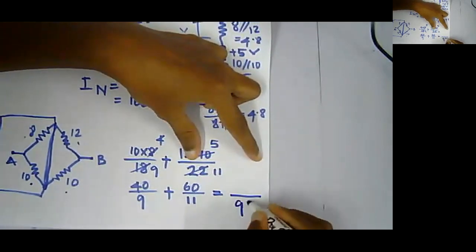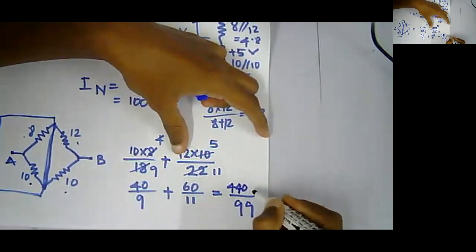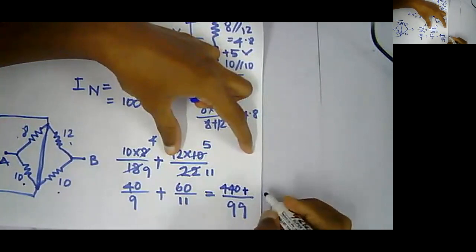In simple words, if you take 99 as the LCM, then 11 into 40 plus 9 into 60, which is 540.